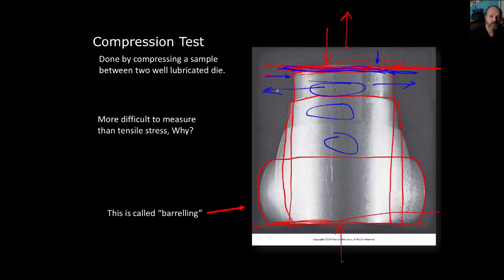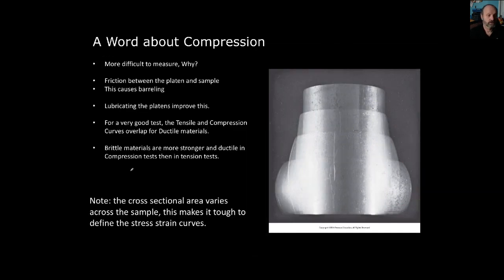Now, to reduce the barreling effect, you can reduce the friction. And to reduce the friction, you can add lubrication. So lubricating the platens will improve the test, right? You'll have more of the forces going into the lateral expansion of the material, and you'll get a better stress-strain curve for compression.